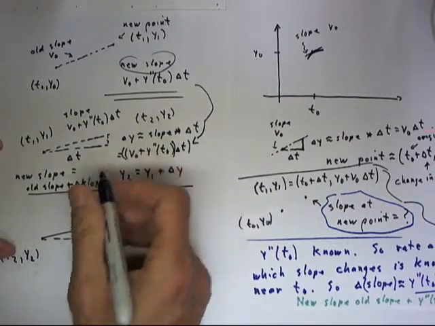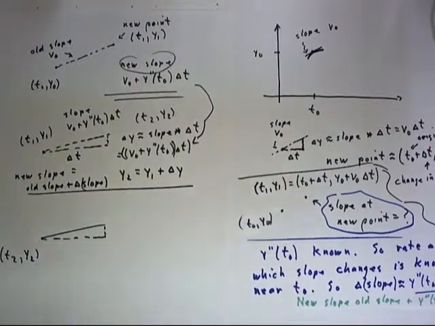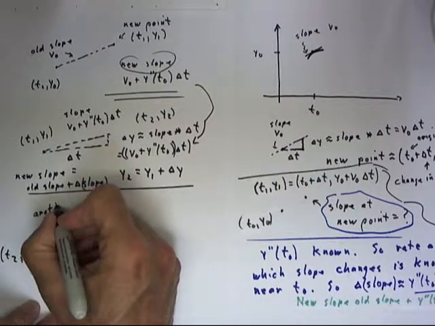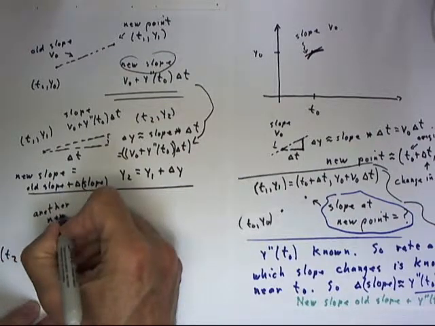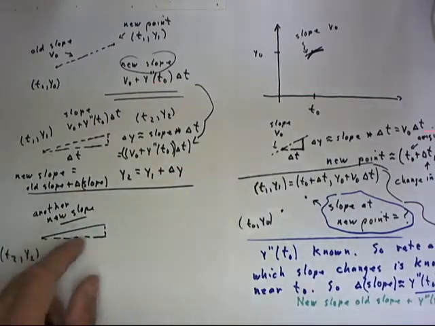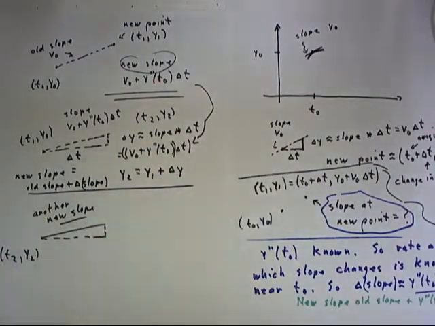Now I'm not going to go to all the detail of writing that out, but here we have now another new slope, which we can use as a basis for predicting a new point.